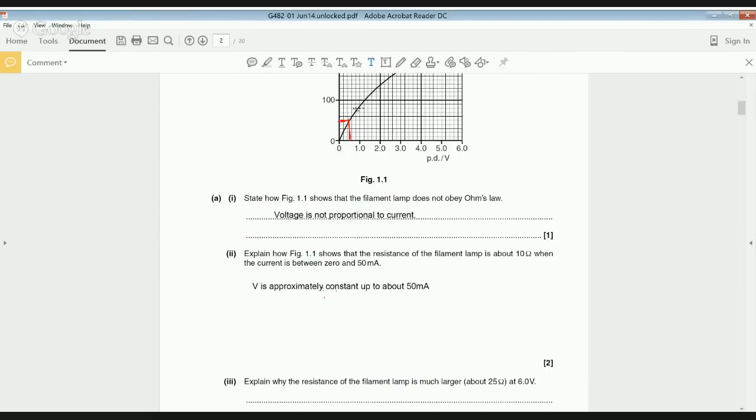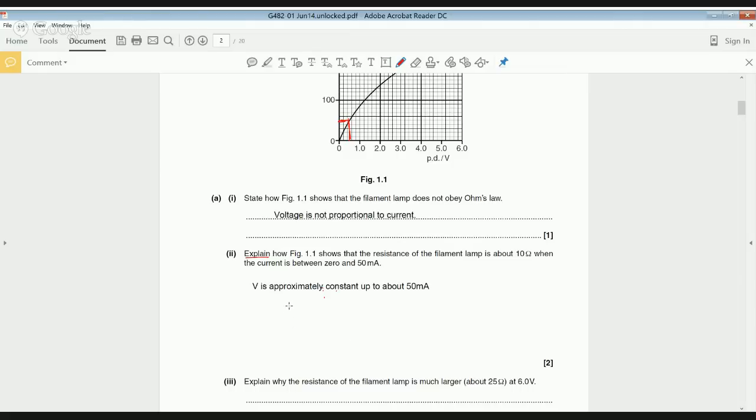This is the reason we have to say this, is because it's an explain question. It's not simply asking for a calculation. You need to explain why the calculation applies. This is one of the most common mistakes actually of this question, is that people missed out the explanation. So it's approximately constant up to about 50 milliamps, which means you can do the calculation.